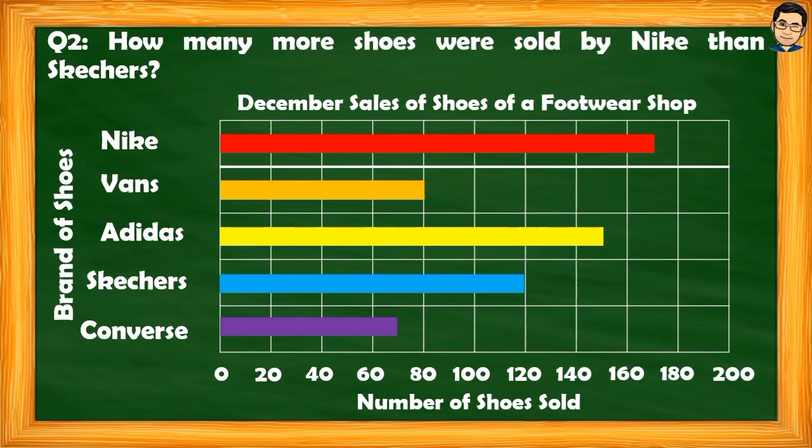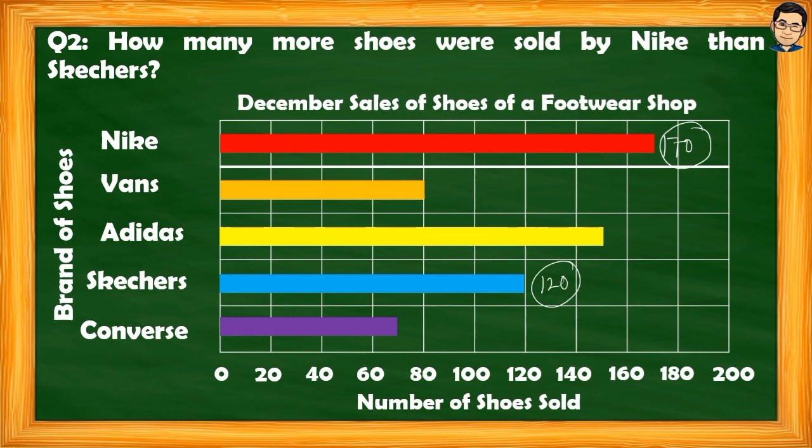What about question number 2? How many more shoes were sold by Nike than Skechers? This is similar to our problem earlier. Nike sold 170, right? And Skechers sold 120.